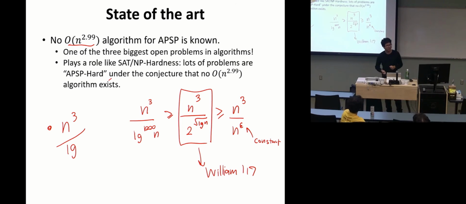For APSP, if you can get something better than n cubed, it's not 10,000 other problems, but something like 20 other important problems that you can simultaneously improve to be better than n cubed. So it's a very nice problem to try. Some people conjecture that you cannot improve it, but I don't believe that. It's a nice problem to look at.